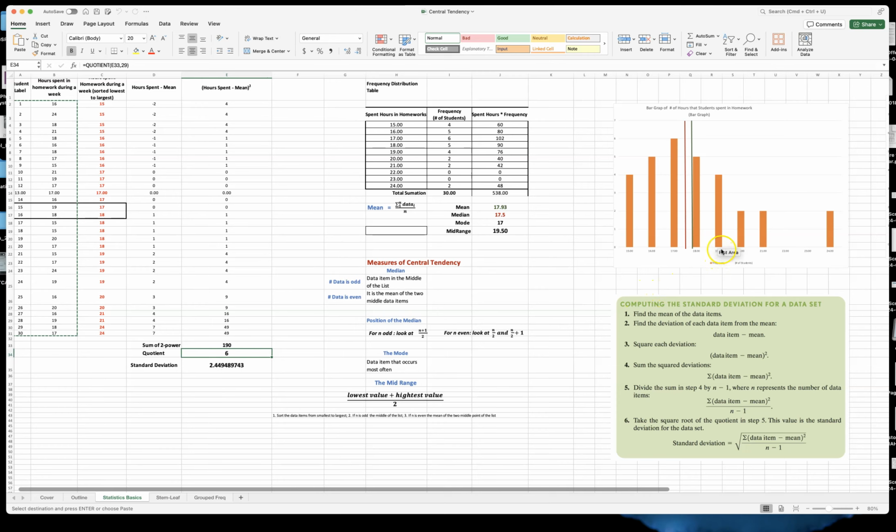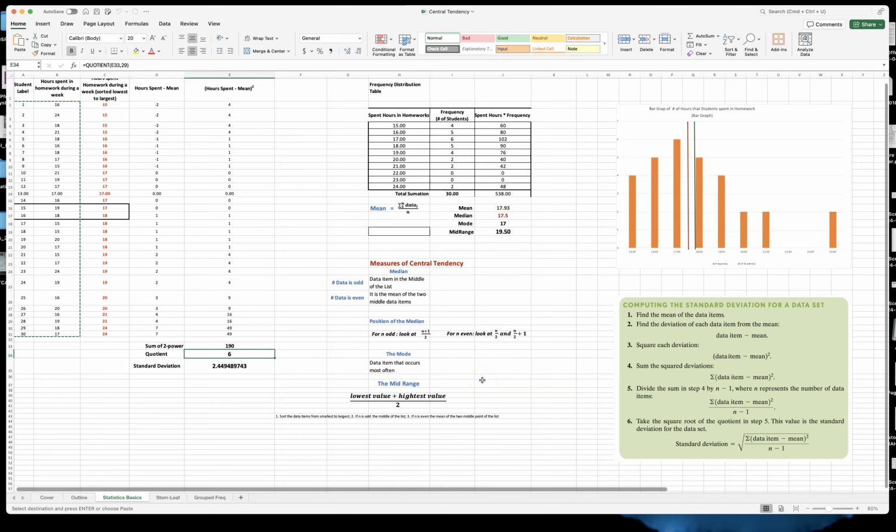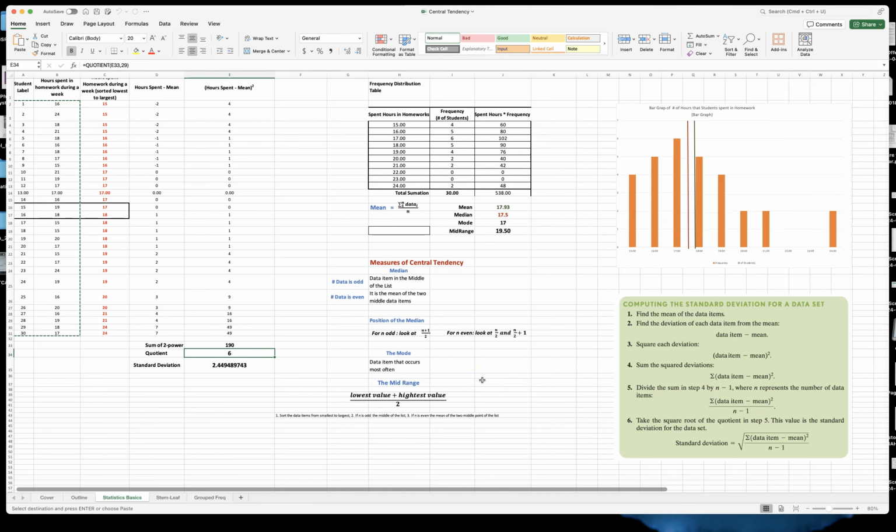So all this data over here, for instance, this one is around one standard deviation from the mean. And all these guys are more than one standard deviation from the mean. So those are outliers, really. They are very far away from the mean. Okay, that's what we want to say with the standard deviation.